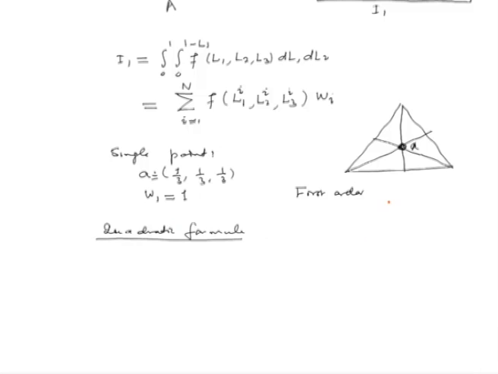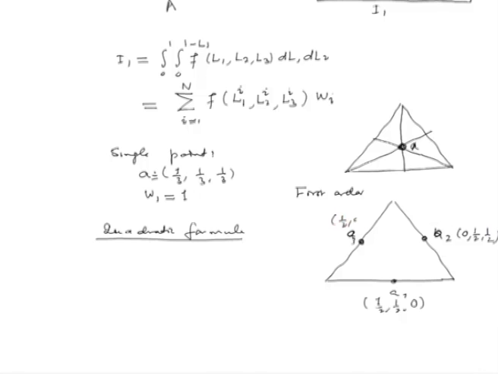If you want a quadratic formula, that will involve use of 3 points which are basically midpoints of the sides, and the coordinates you can easily say this is 1 by 2, 1 by 2, 0. In fact, let me call this as A1, A2 and A3: 0, half, half; half, 0, half.